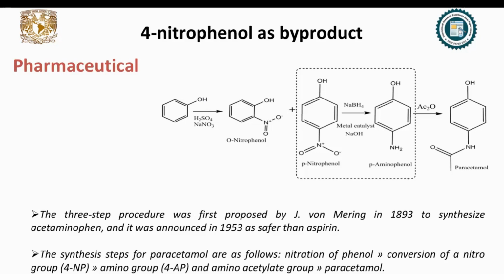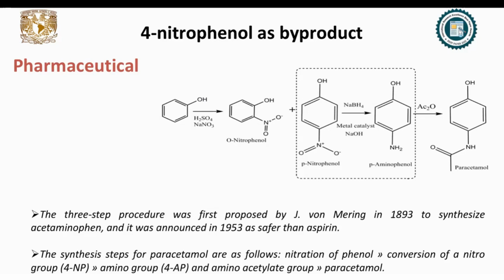The conversion in step 2 is p-nitrophenol to p-aminophenol. Generally, as we know, the three-step procedure was first proposed by Morse in 1893 to produce paracetamol, and it was officially announced and approved by the government in 1953 as safer than aspirin.